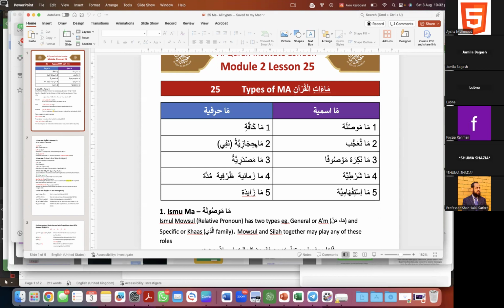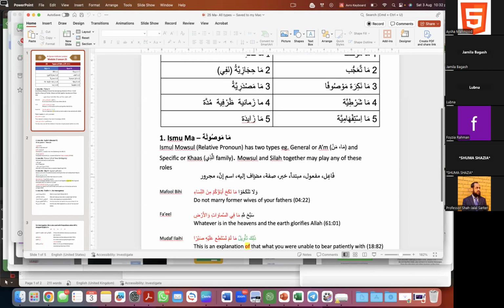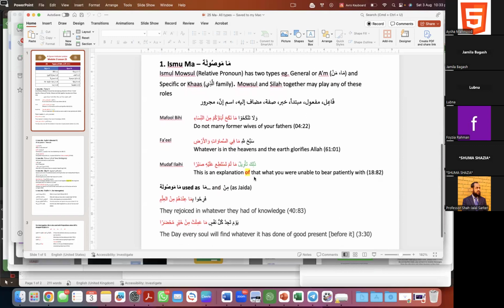And the last one is called ma zaida. Can somebody tell me what is meant by zaida? Optional, extra. Very good, excellent. So we'll go through each category, and inshallah, we will digest each of them.